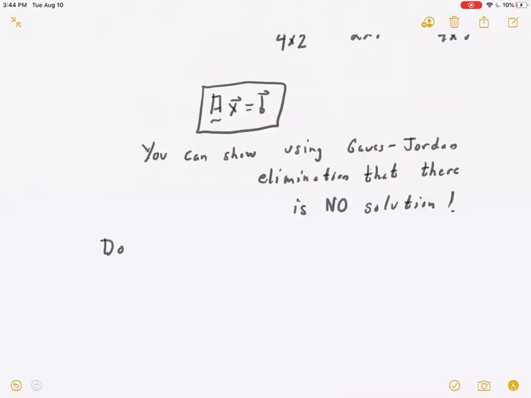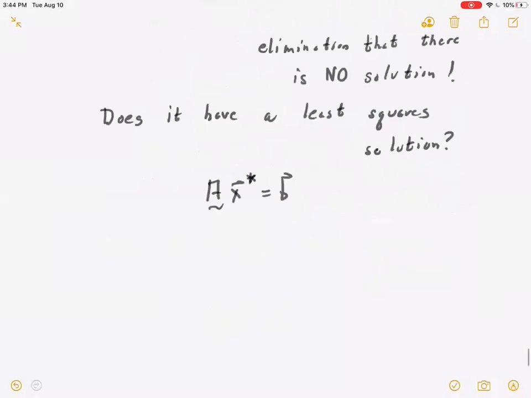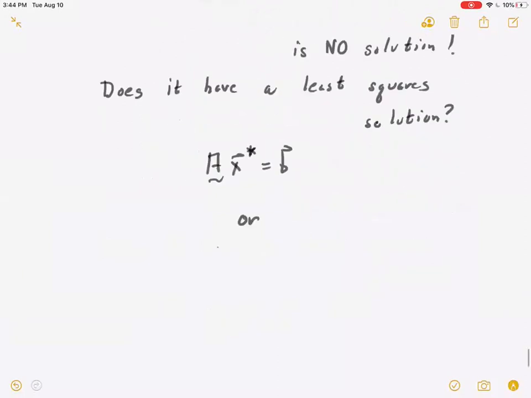You ask the question, does this problem have a least squares solution? Namely, can you find a vector X asterisk that satisfies the normal equation?